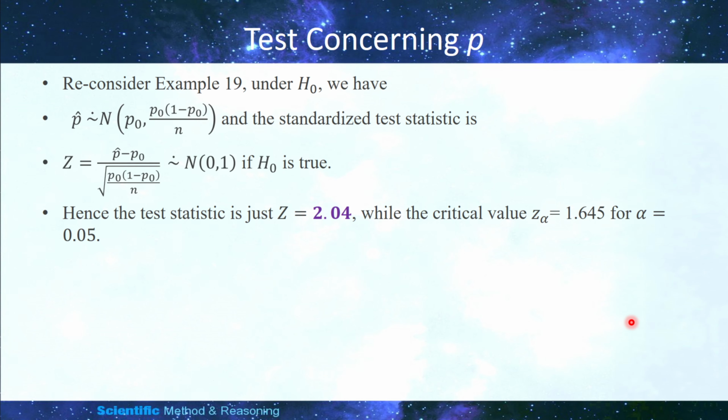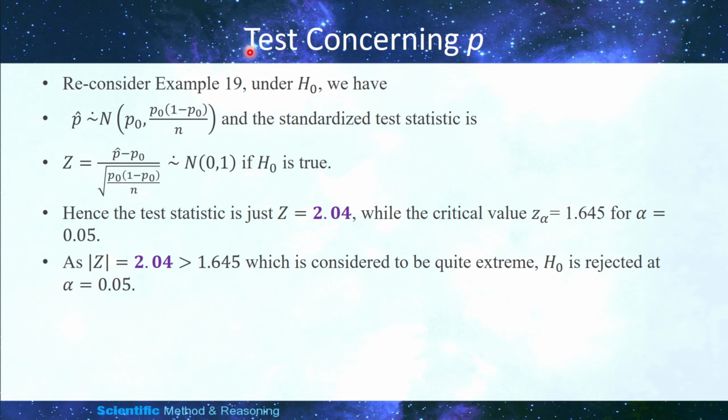Therefore, as 2.04 is greater than the critical value 1.645, which is considered quite extreme, the null hypothesis is rejected at alpha equals 0.05.